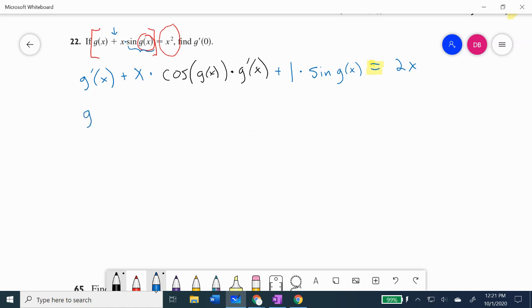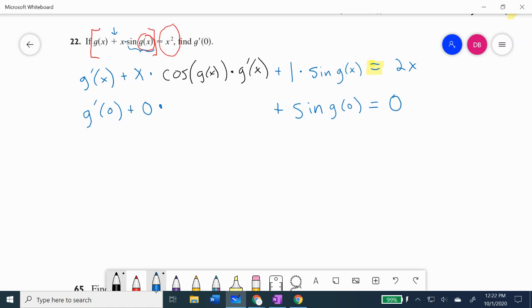That means this is g prime of 0 plus 0 times, oh my goodness, 0 times 0 times who? I don't care. 0 plus 1 times the sine of g of 0. And that is equal to 2 times 0, so 0.